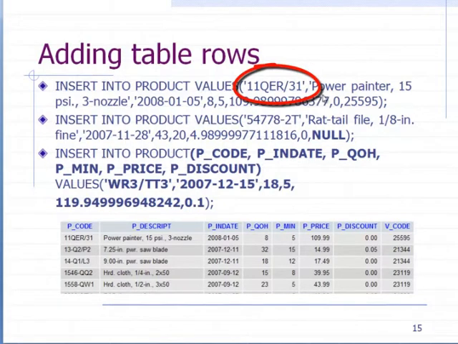So, if you enclose a value in single quotation marks, for example, the second value here is power painter, comma, 15 psi, comma, 3 nozzle. Since these two commas are enclosed by the outer single quotation marks, the SQL engine will not recognize the commas inside the single quotation marks as the separator for each value.